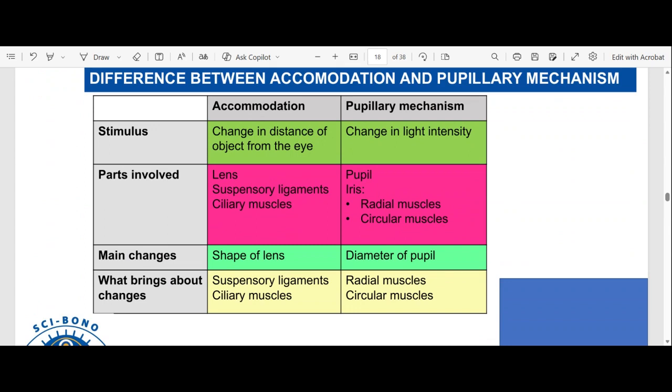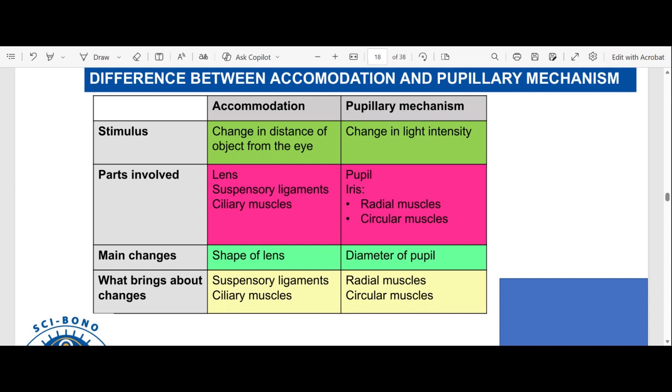When it comes to accommodation, the stimulus is the change in the distance of the object from the eye. So now we're speaking about the change in distance. But the pupillary mechanism focuses on the stimulus of change in light intensity, so whether the light is bright or dimmer.